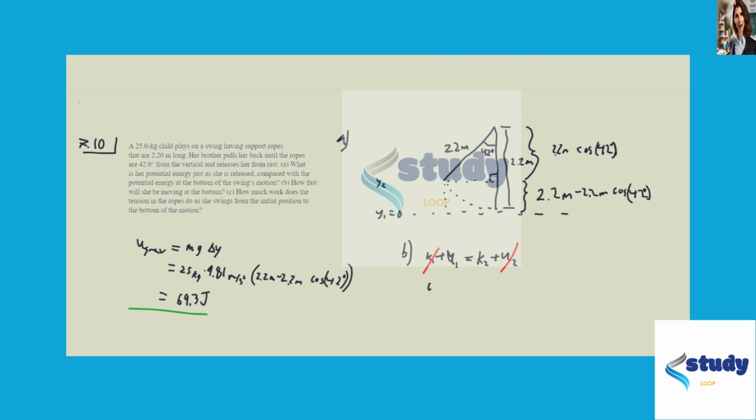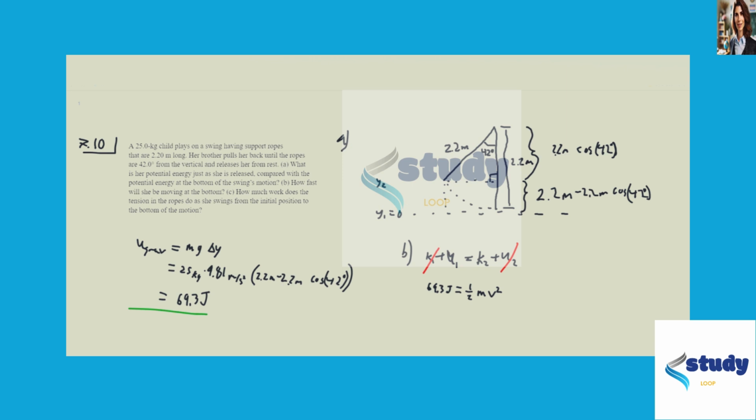So we have 69.3 joules equal to 1/2 mv squared. Okay, so here, that's just math from here.